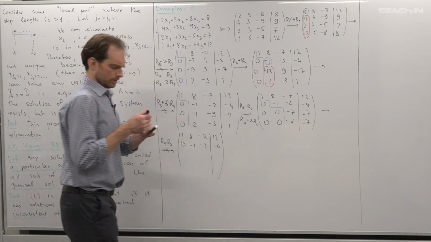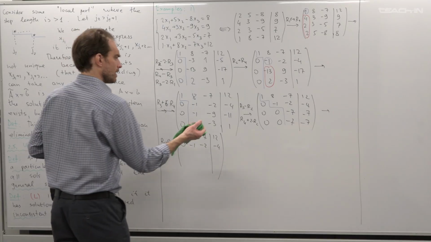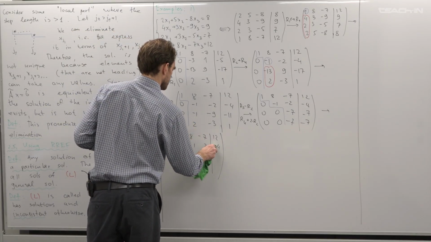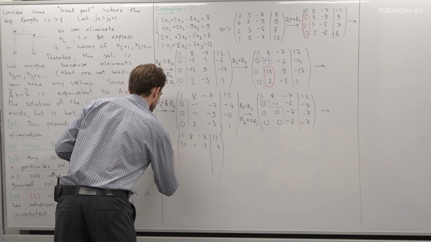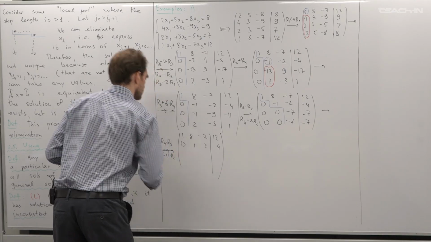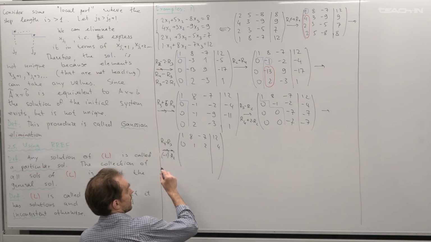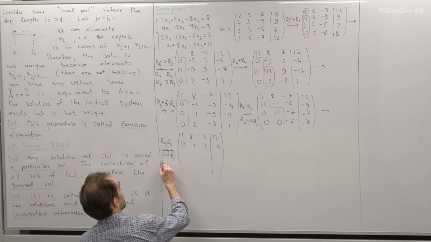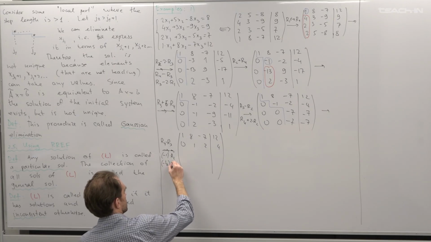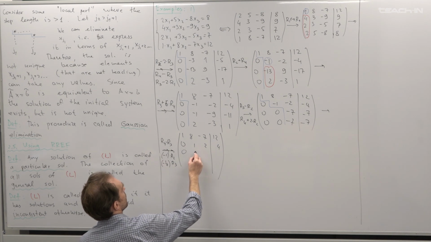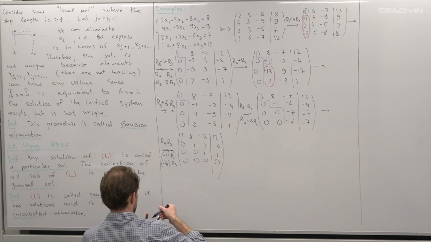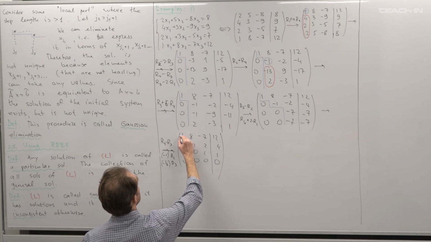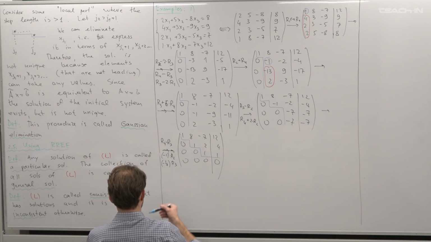Or maybe, for convenience, I will multiply this row by minus 1. So minus 1 multiplied by row 2, and I will also multiply the third row by 1 divided by minus 7, so we get 0, 0, 1, 1, and 0, 0, 0, 0. Okay, so this is row echelon form.